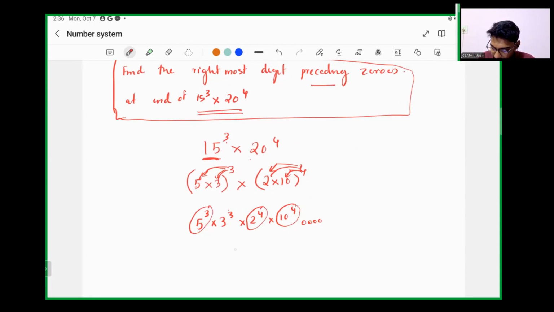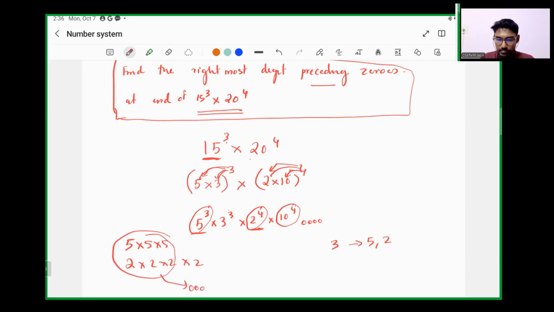So I am taking 5 into 2 all raised to 3, because there are 3 5s and 3 2s will become 3 10s. One pair of 5 and 2 becomes 1 10. So here there are 3 5s and 4 2s, so all this will become 10, so this all will become zeros at the end. Now what are the balance numbers here? You have 3 cube balance.